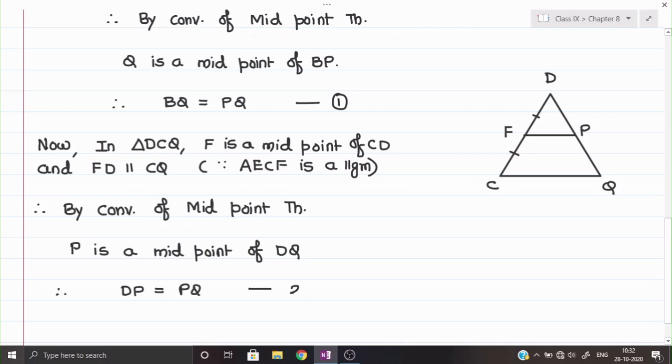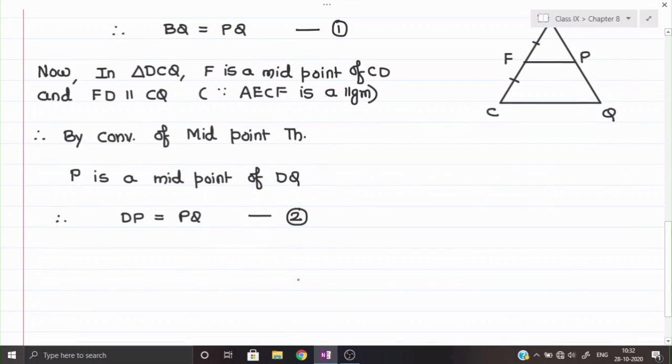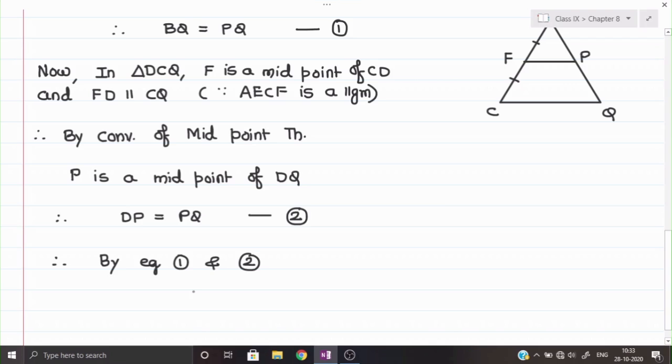Equation number second. Now at the last we need to compare equation first and second. Observe, in equations first and second, their right hand side is the same. So therefore we can say that their left hand side will also be the same. So therefore by equations first and second, we can say that BQ is equal to DP is equal to PQ, because PQ is a common value over there.